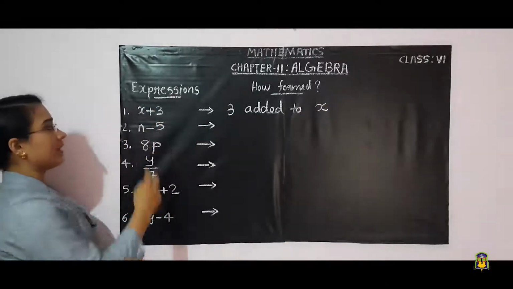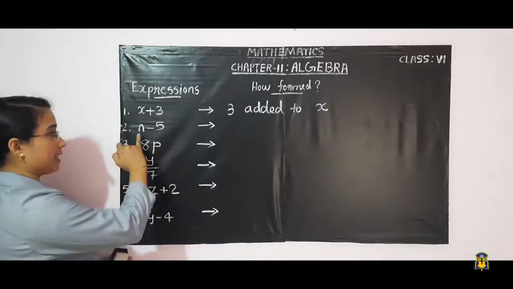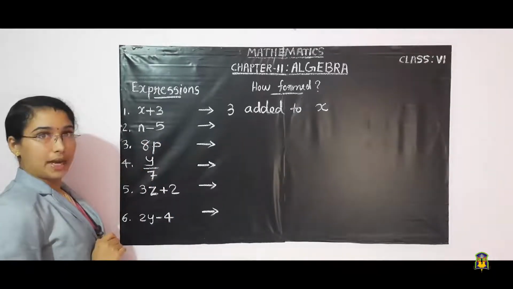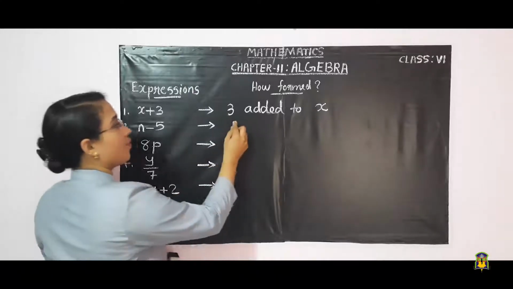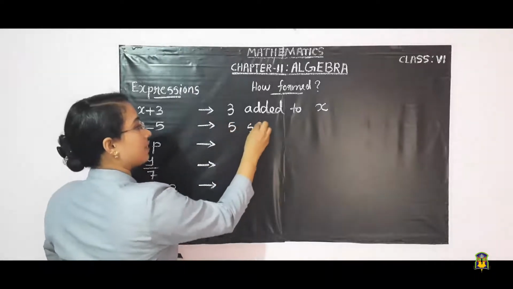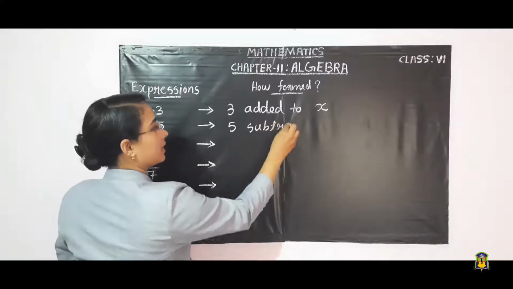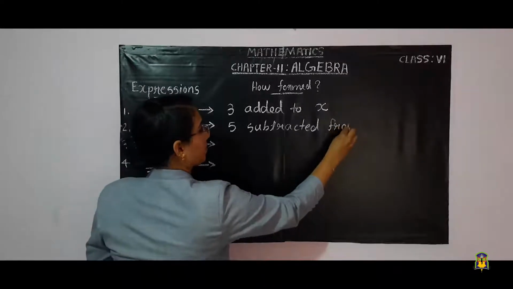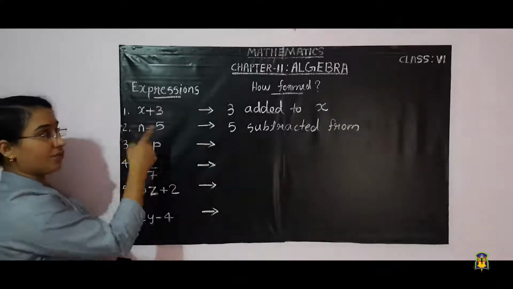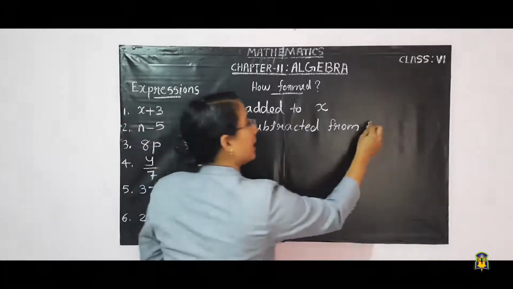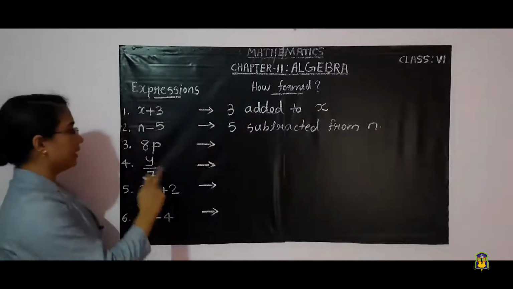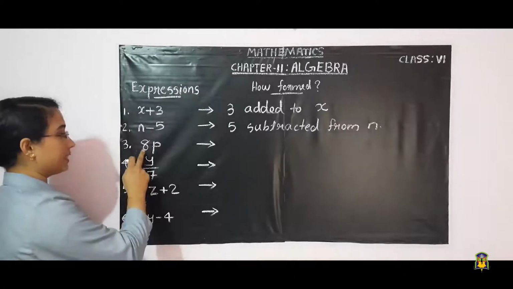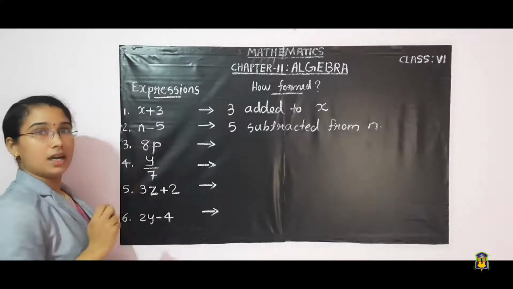Okay. Then second one, n minus 5. N is the variable and 5 is the constant and the operation is subtraction. Okay, so we can write 5 subtracted from what? N. 5 subtracted from n. Okay, then third one, 8p. 8p means multiplication. 8 is the constant, p is the variable.